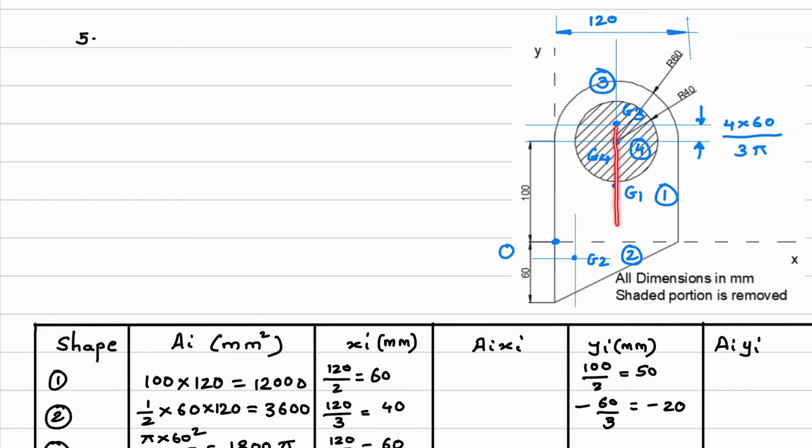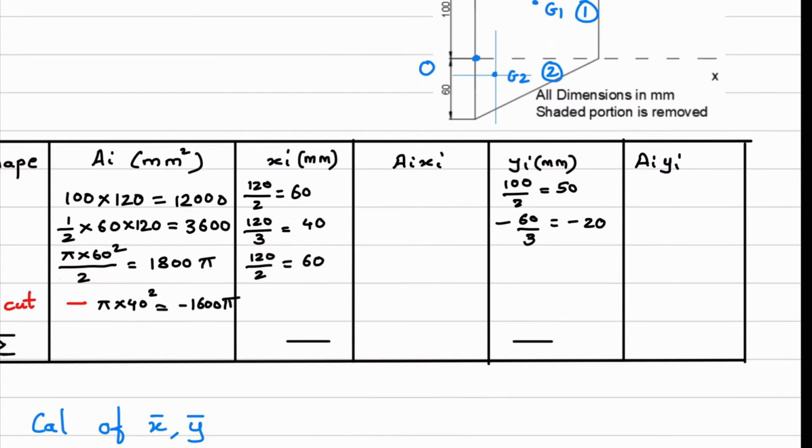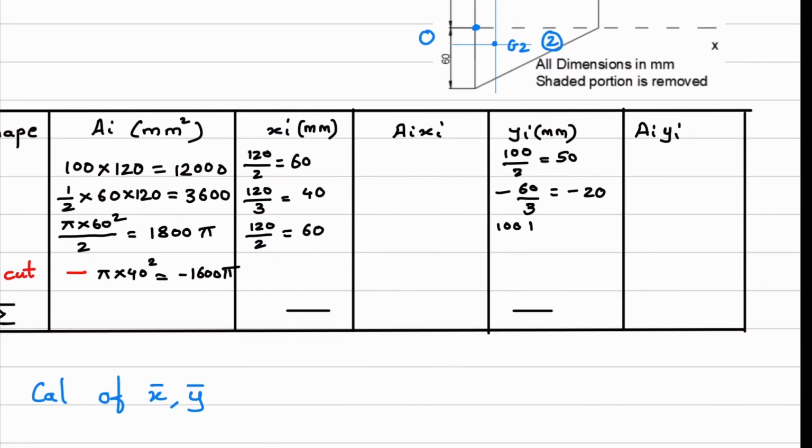What will be this y distance of point G3 from point O? This distance will be 100 plus, for this semicircle we have to consider this distance 4r upon 3 pi. R is 60. So we will write down 100 plus 4 into 60 upon 3 pi is equal to 125.4648.